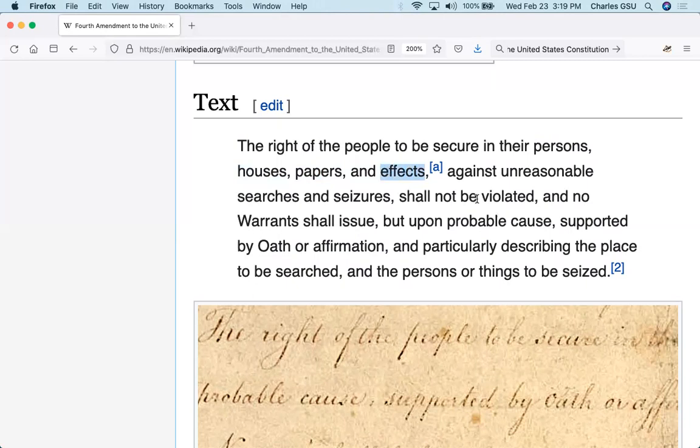It means the artifacts, the things, the possessions that you have. Well, in the early 21st century now, we have these technological devices called smartphones and tablets and computers that contain a lot of information. So should law enforcement, for example, have the right to seize and search that information?